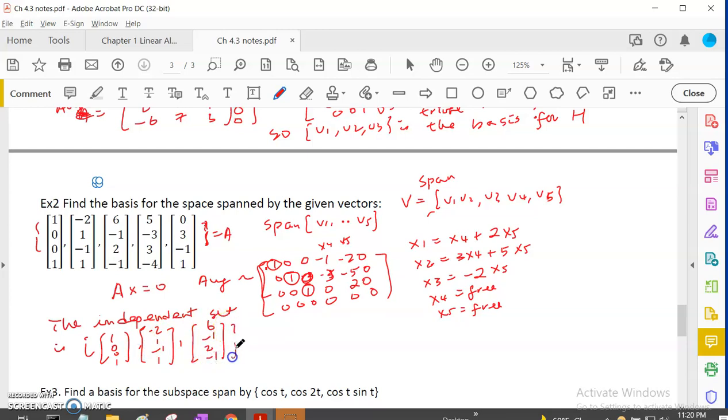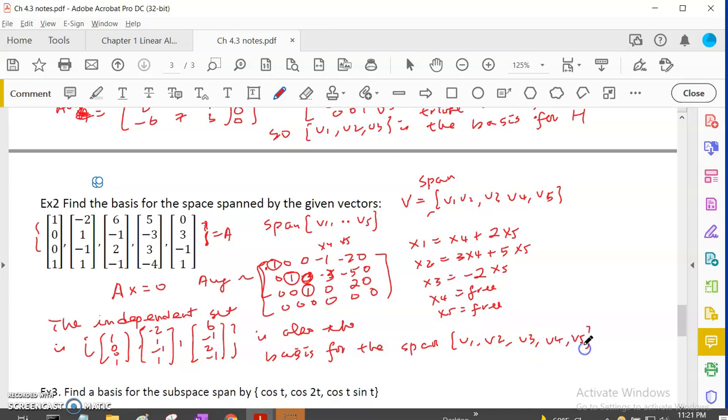So this is also the basis for the span of v1, v2, v3, v4, v5.